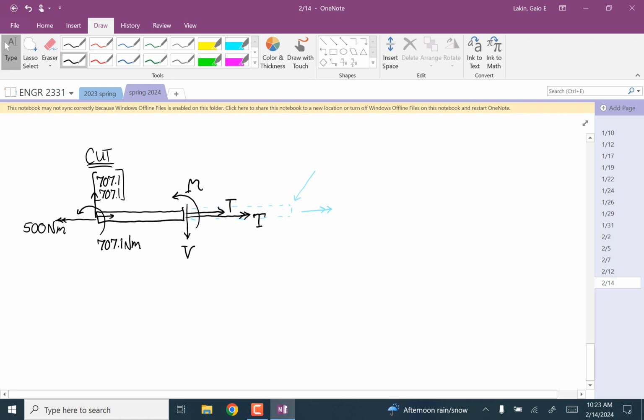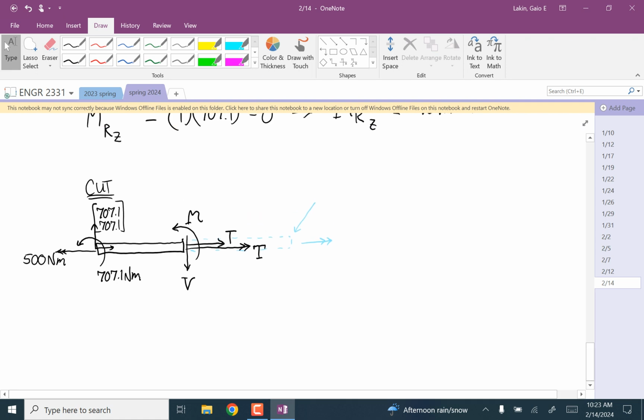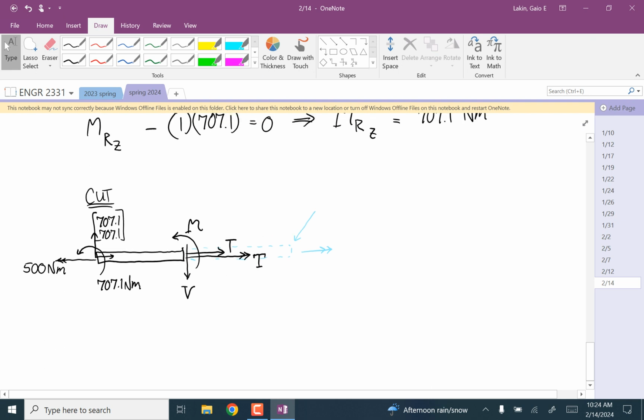And now we can use Newton's second law. One thing I want to point out, I pointed this out in statics, but this is the craziest sign convention anyone has ever come up with. So I want you to just remember that this is just some insane person's idea of how to represent it.